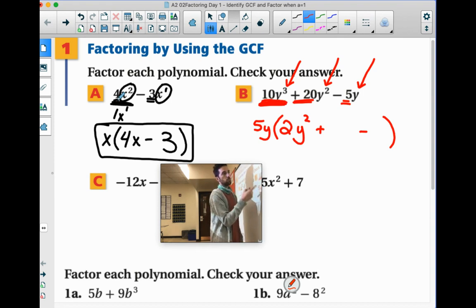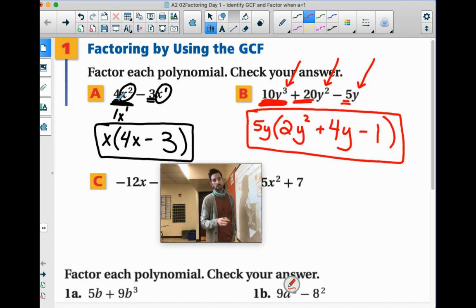So for the next term, we're looking for 20y squared. 5 times 4 is 20. Y times y gives you y squared. And then the last term, 5 times 1 is 5. Well, in this case, negative 1. And then we already have the y. So that would be in final factored form.